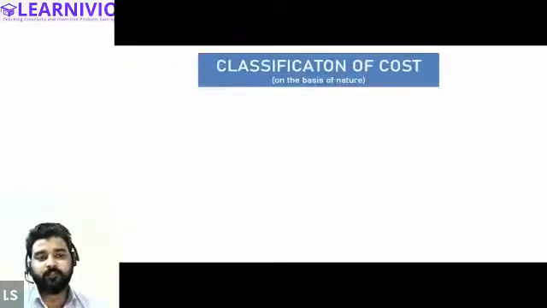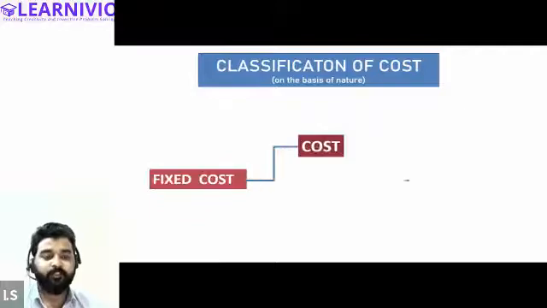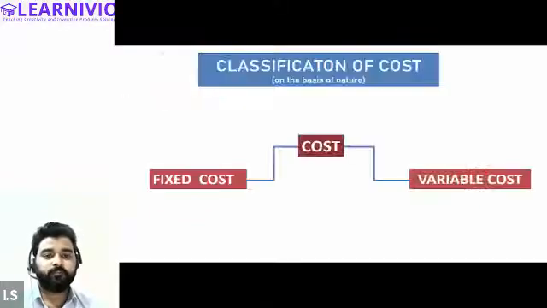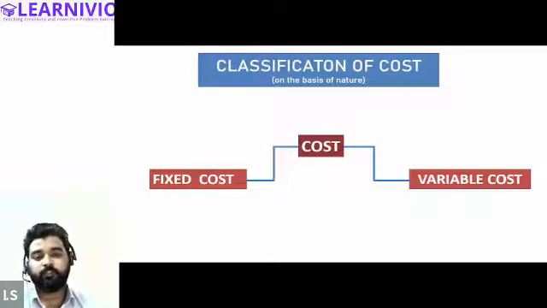Other than this classification, we can also categorize the cost as the fixed and the variable cost. Fixed cost refers to the cost that does not change with the change in the level of production. Even if production increases or decreases, if cost remains the same, that is called fixed cost. And as the production changes, if the cost keeps on changing, that means it is a variable cost.